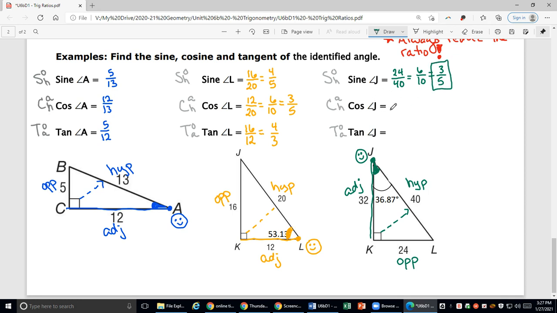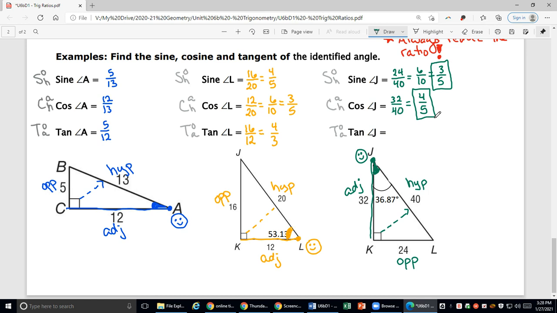Let's look at the cosine of angle J. Adjacent over hypotenuse. Adjacent is 32. Over hypotenuse is 40. And now I'm going to look at that 8 and see if 8 goes in, because now I know I've got a multiple of 8 here. 8 does go into 32. 8 goes into 32 4 times. And I know 8 goes into 40 5 times. So here is my ratio for cosine of angle J. Okay?